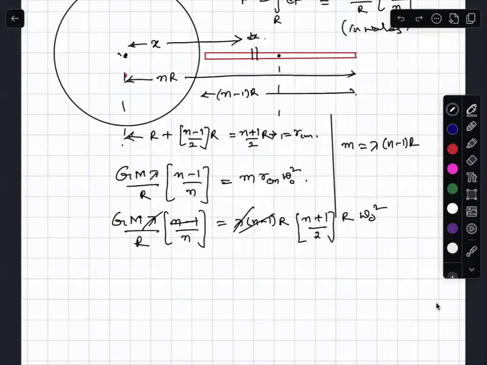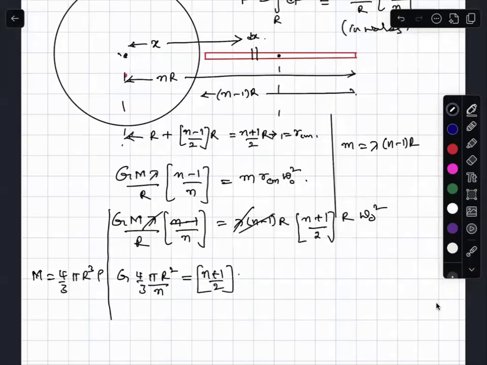What about the mass of the planet? This can be given as 4 by 3 pi r cube rho. So therefore, you can write this as G times 4 by 3 pi r square rho by n is equal to (n plus 1) by 2 times R square omega naught square.